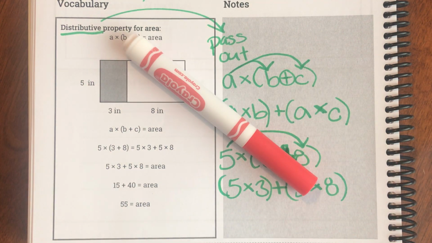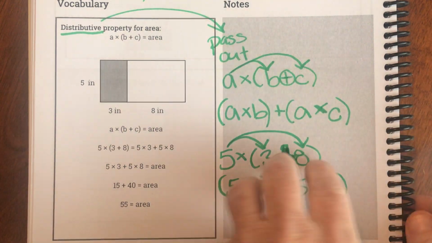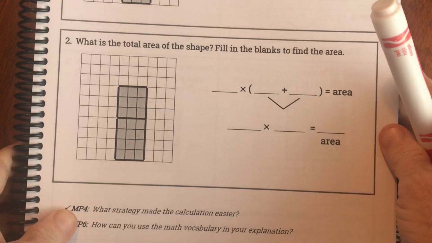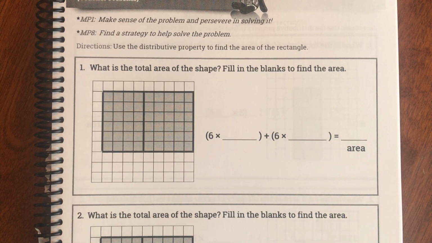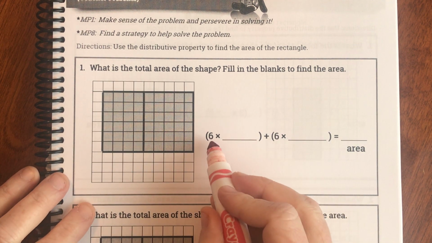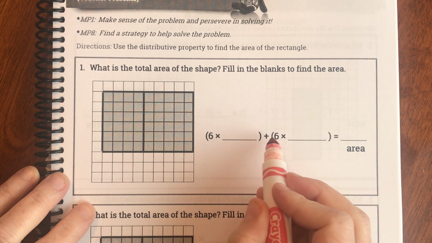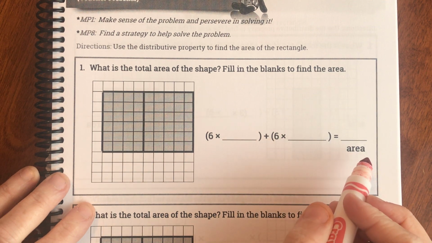Okay, I just picked up my red pen, so you can put down your pencil. Let's look at my first problem. It says, what is the total area of the shape? Fill in the blanks to find the area. What they've given me is 6 times something plus 6 times something.